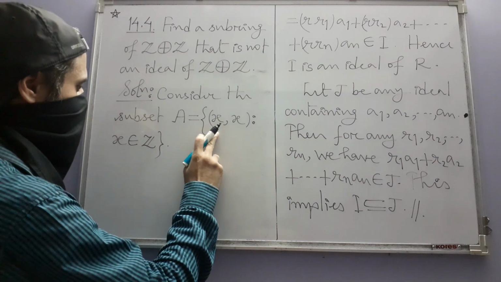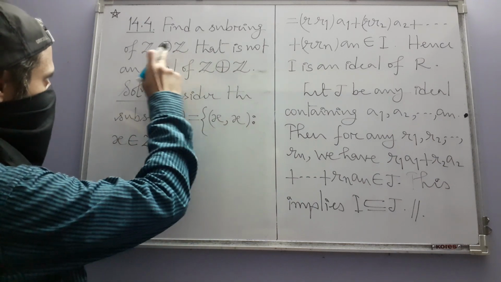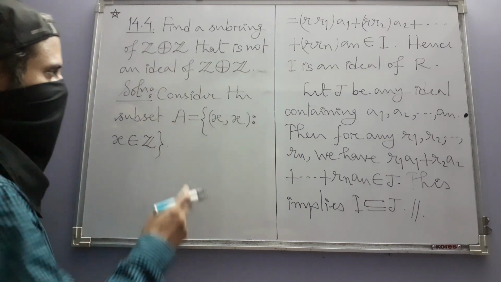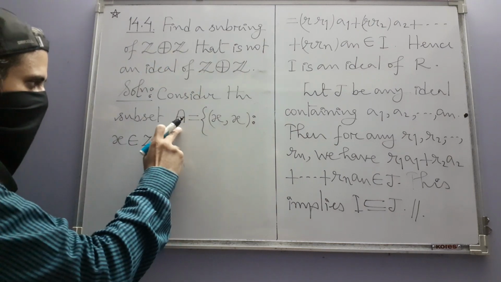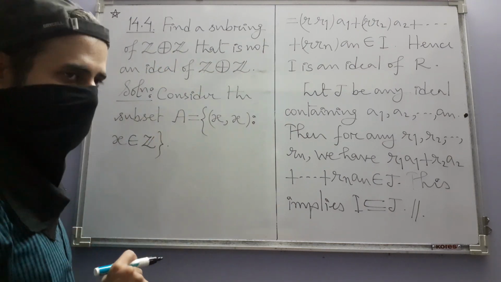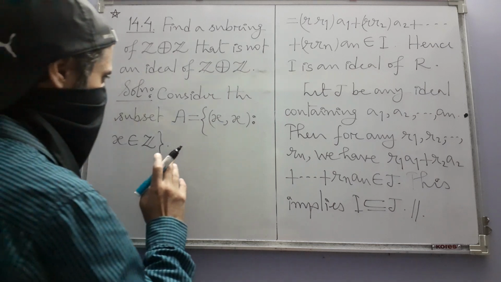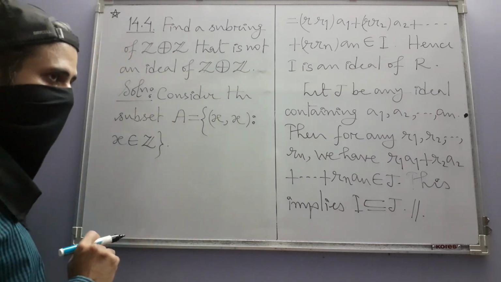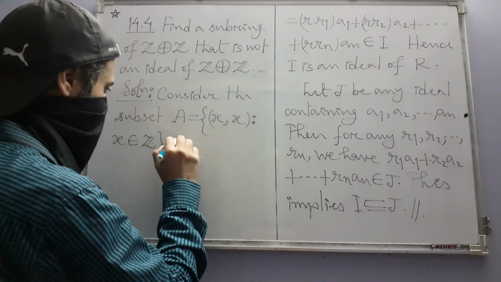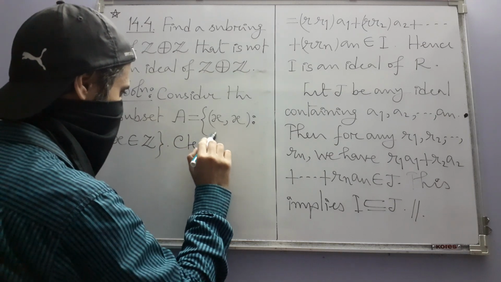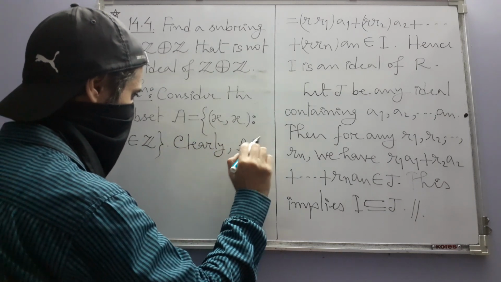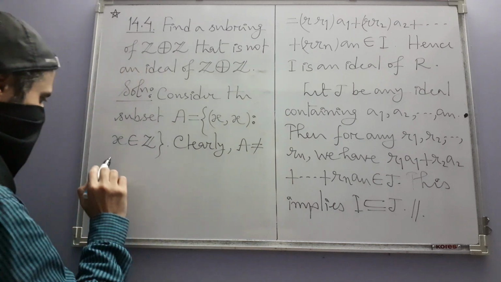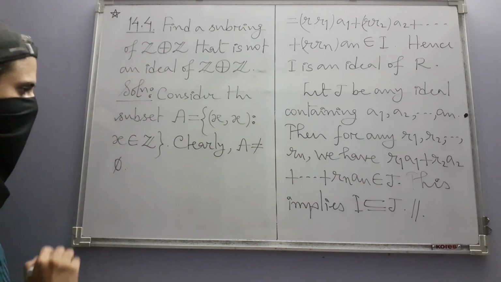So to speak, the diagonal. Actually, as a set, this is a Cartesian product, right? Of that Cartesian product, this is the diagonal. Now let us show that this is a subring. Clearly A is non-empty, of course, that's the first thing.